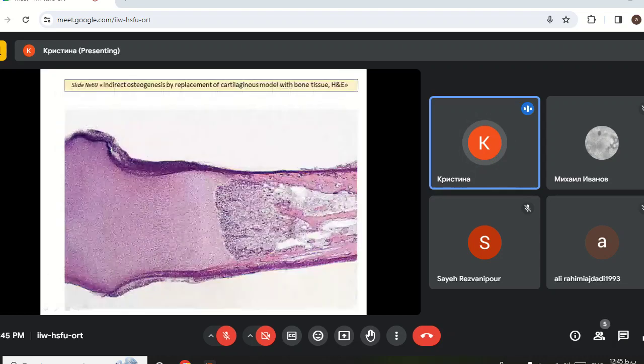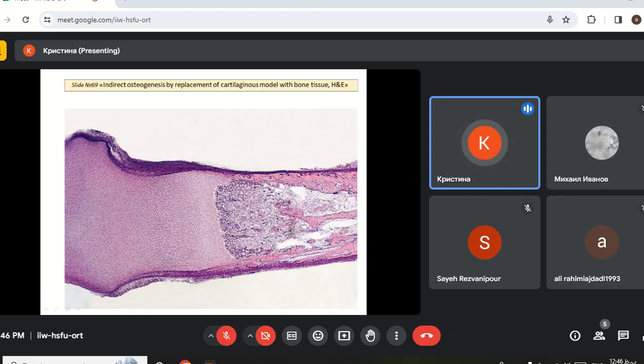The same is in this picture, and this is our histological preparation. This is the process of development of the long bone of the leg of the embryo. This is the epiphysis of the bone, this is the diaphysis, and this is the metaphyseal plate, inside which you can see the columns of the dividing chondrocytes, which ensure the growth of the bone in length.